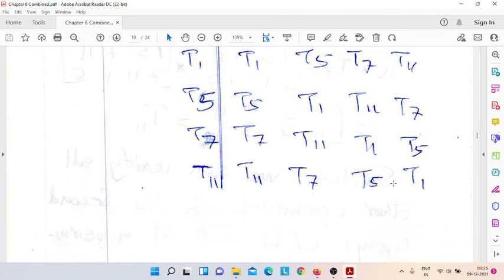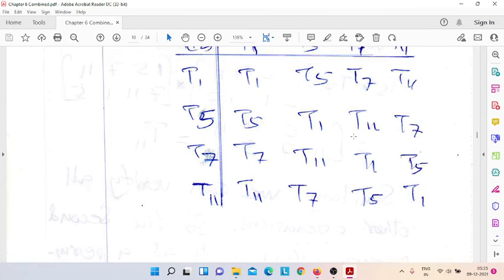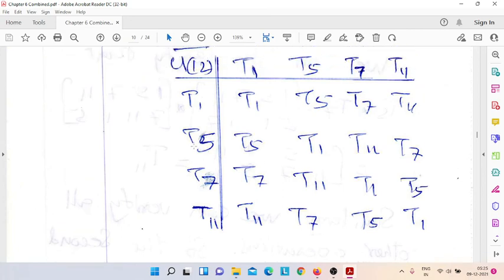In the same way, you can verify all these given values. They are obtained by operating the corresponding elements selected from the title column and the title row.